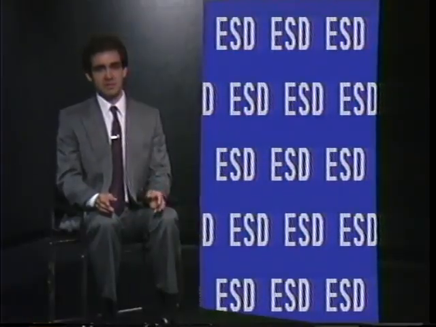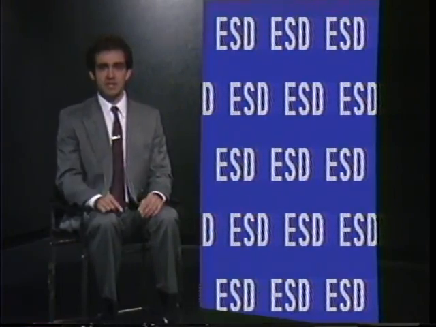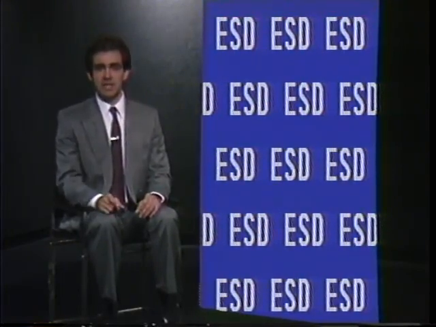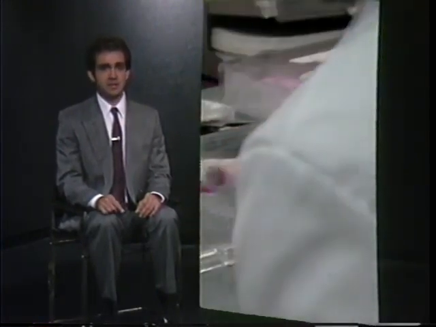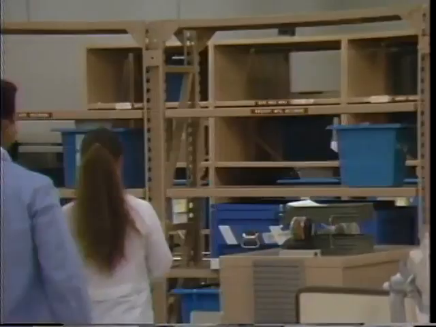The purpose of this program is to show you how to prevent ESD damage. During the next few minutes, we'll see the type of damage caused by ESD, identify proper protective packaging and labeling, and outline steps to create a static-free workstation.